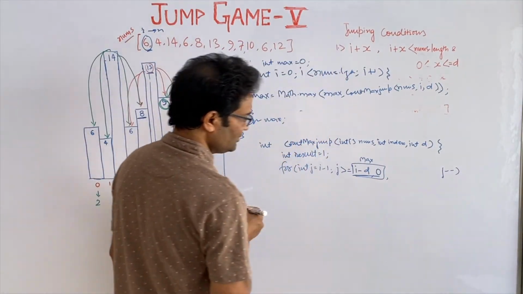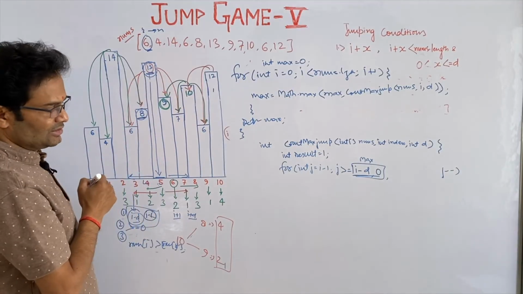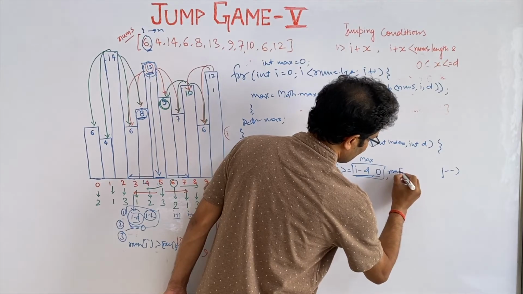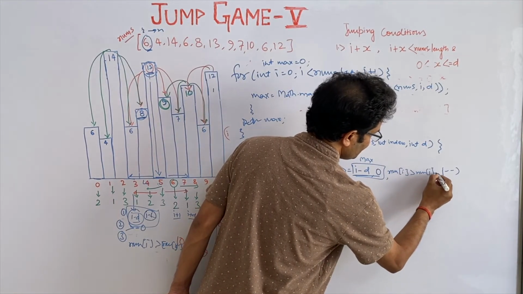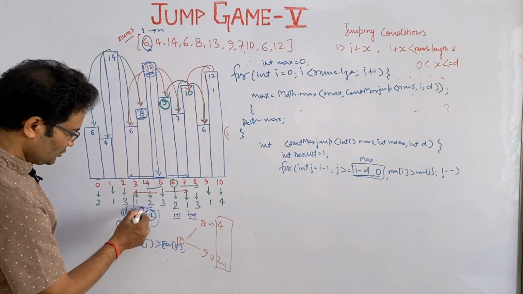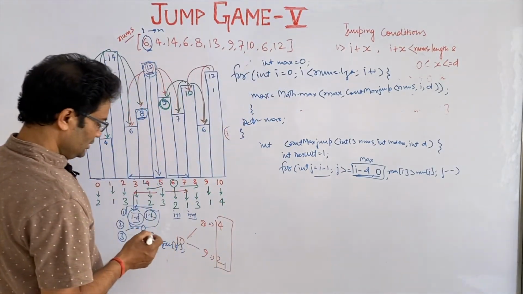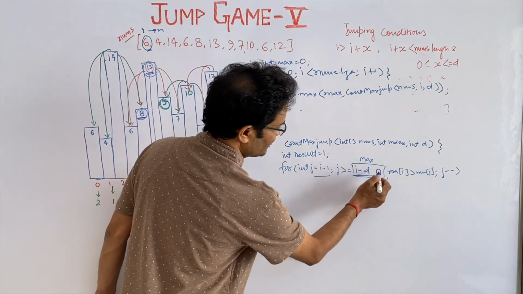Another condition, that this is the nums I, right, and this is the nums j. So nums I should always be greater than nums j. It will loop from here to here, from here to here. It should not get less than 0. So I will take the maximum of both of these.